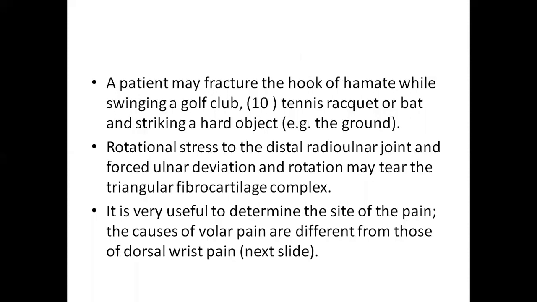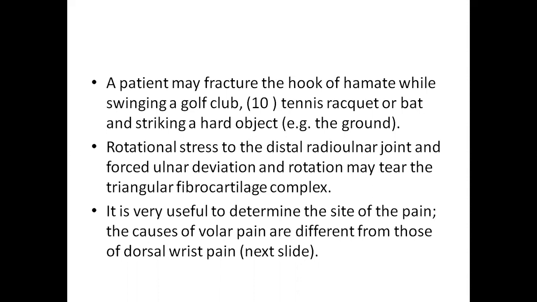A patient may fracture the hook of the hamate while swinging a golf club, tennis racket, or bat, or striking a hard object. We have discussed these in detail at the start when we were discussing the epidemiology and the general discussion of in which sports these wrist injuries may be common.